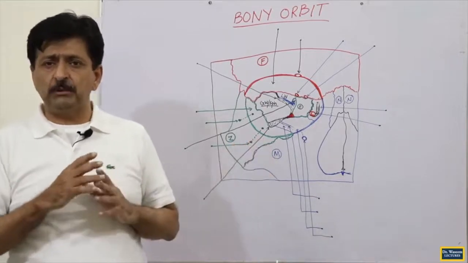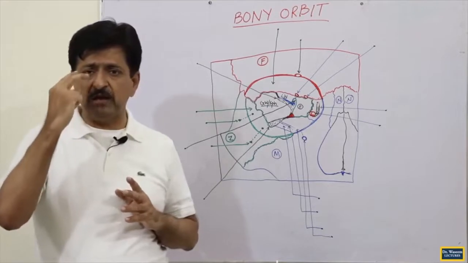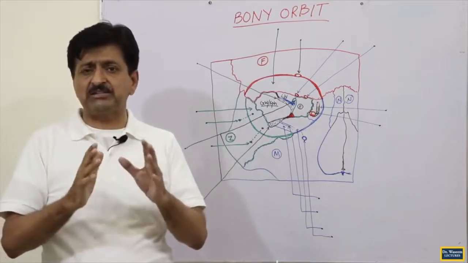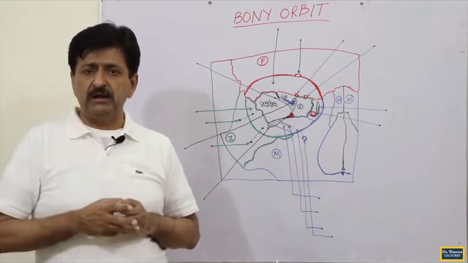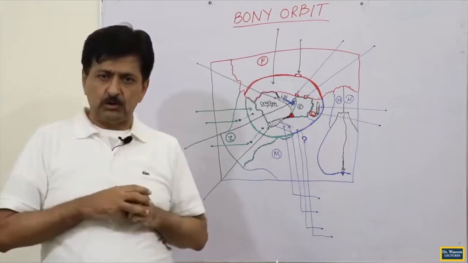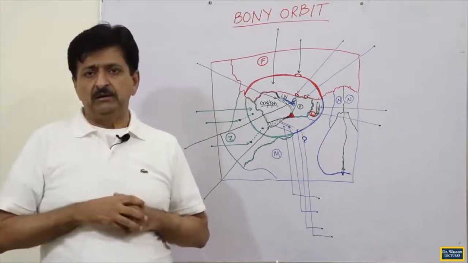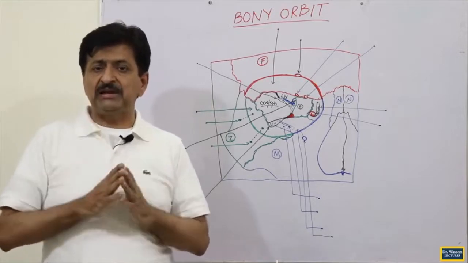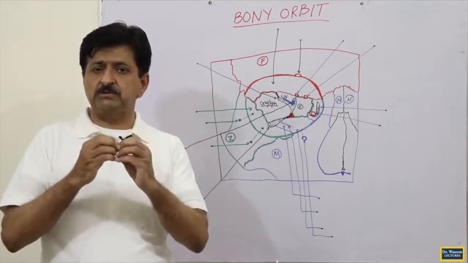Now the bony orbit, you see, is a socket in which the eyeball and other structures related to the eyeball, neurovascular bundles, orbital fat, and fascia of the eyeball are lying. But you see, in the orbit where the eyeball is located, almost half the cranial nerves are directed, or subserving the eyeball.